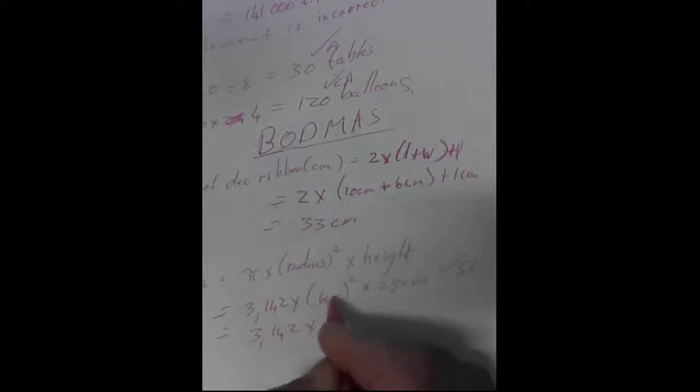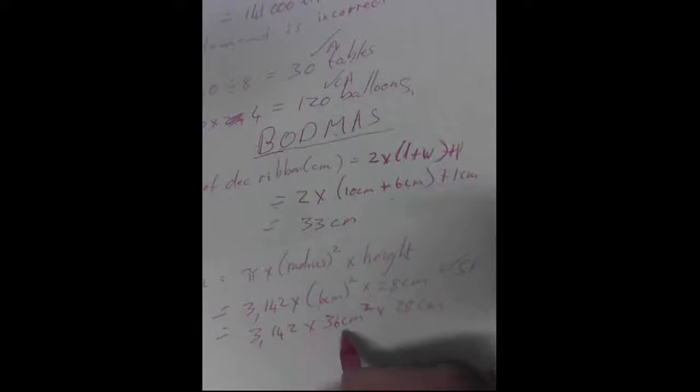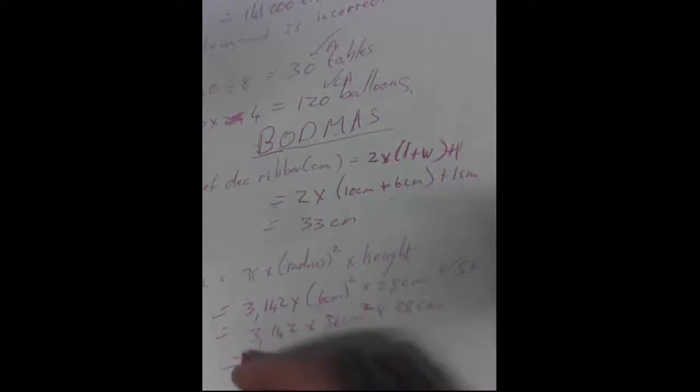You will multiply to the power 2 means 6 multiplied by 6, which is 36. Multiply with 28, and now you can put it in your calculator and multiply out straight.